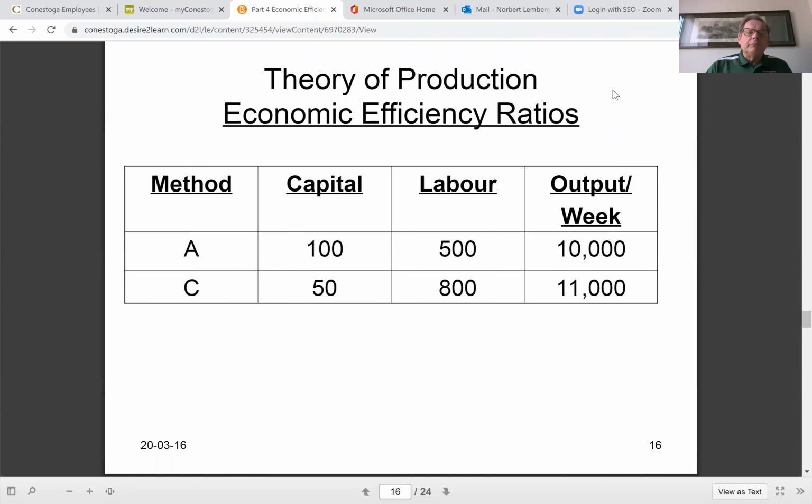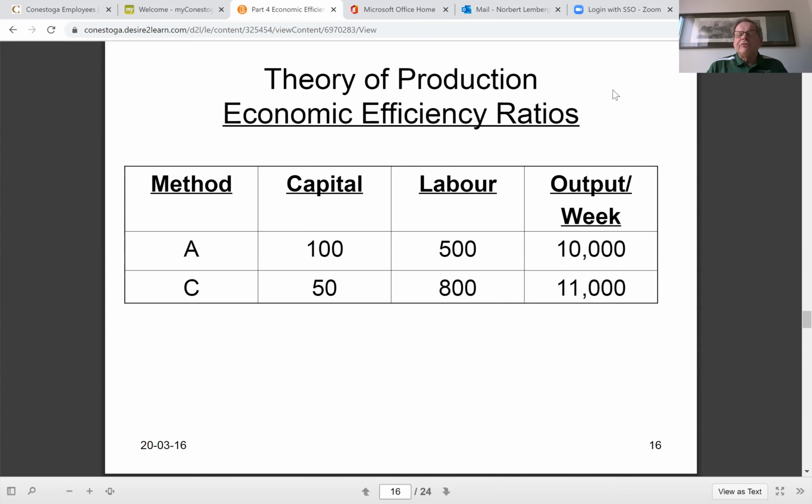Here's method A and method C now. The capital used by method A is 100 and the labor is 500. For method C, the capital is 50 and labor is 800. Method A produces 10,000 shirts a week.